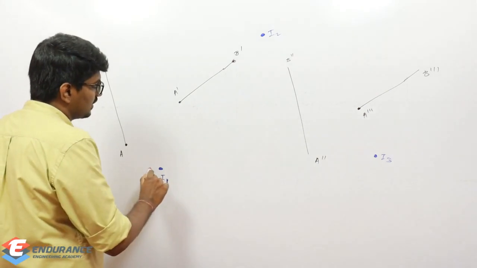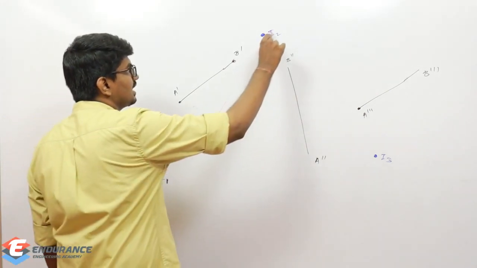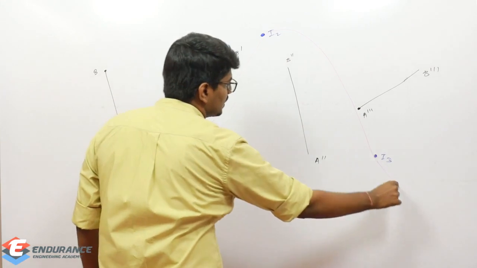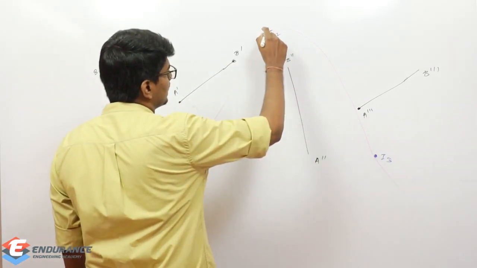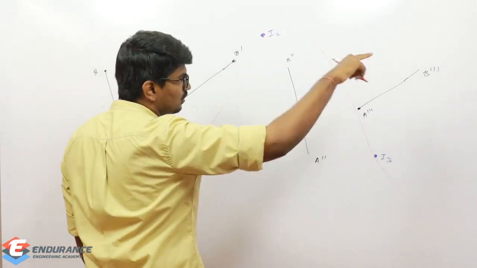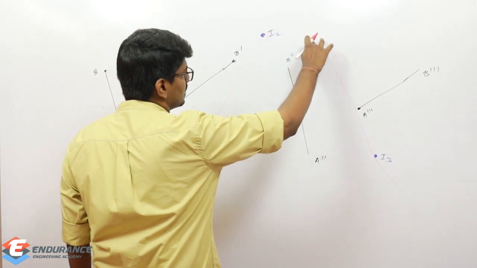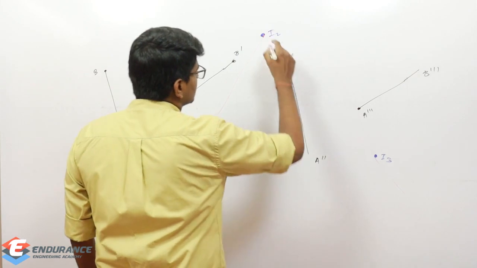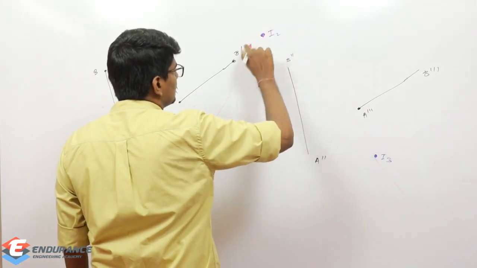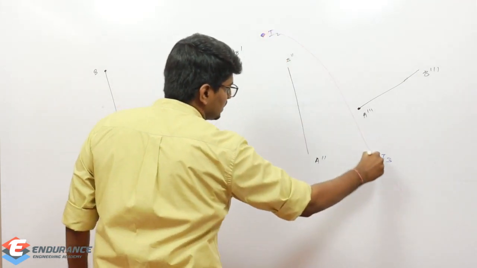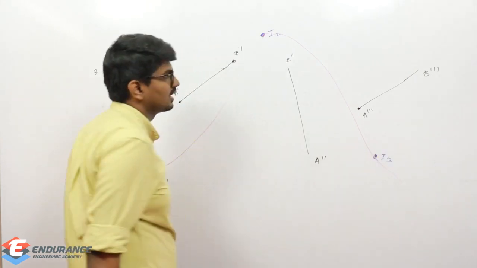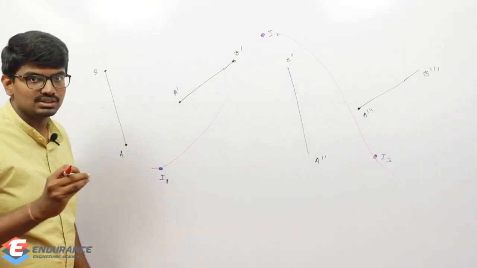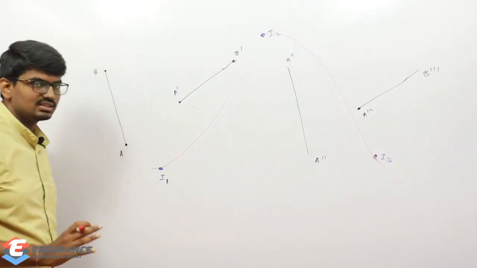And now if I trace the path, which means if I find out the locus, I hope you know what is meant by locus. Let me draw it properly. Locus of this instantaneous center means I'm just tracing the path of this instantaneous center.